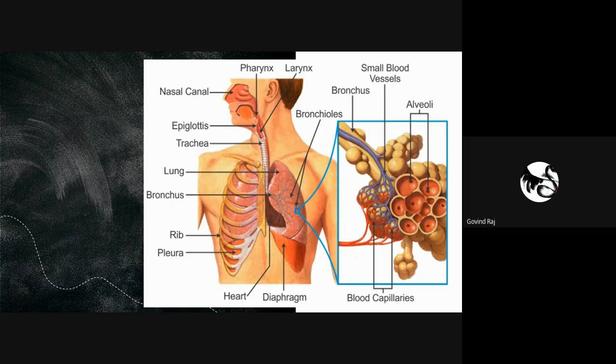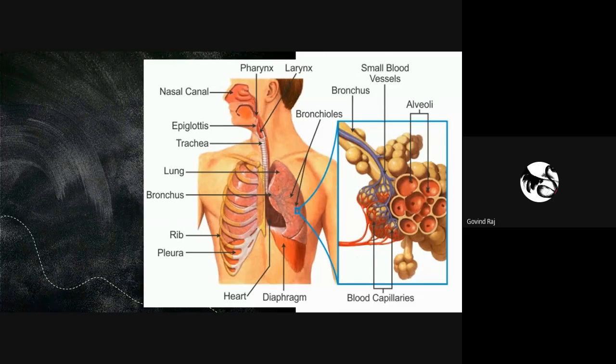Sometimes when food gets stuck in this portion, it has lethal consequences, where the person can die due to hypoxia. Hypoxia is the condition where the lungs are deprived of oxygen, and that ultimately results in death.